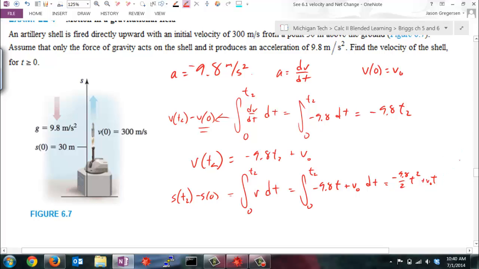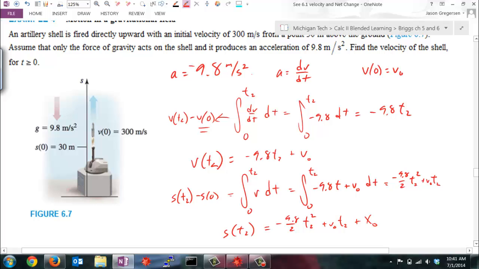And once again, all evaluated from 0 to t2. So all that does is give me t2s here and here. And if I solve that for the position, I get negative 9.8 over 2 t2 squared plus v sub naught t2 plus some initial position. I'll call it x sub naught.